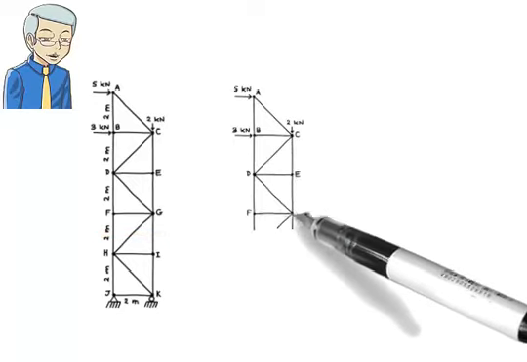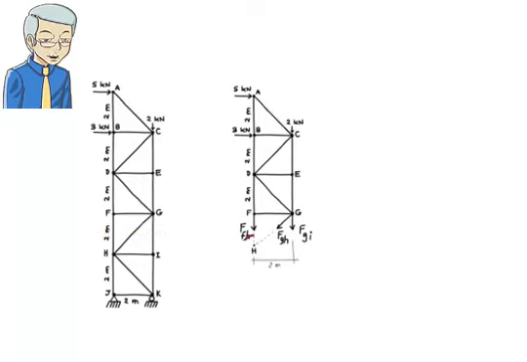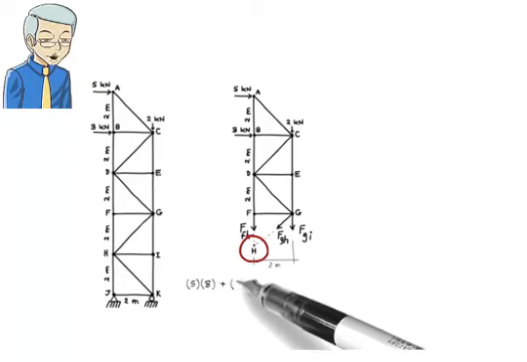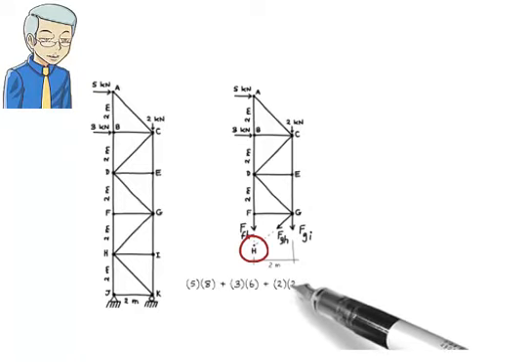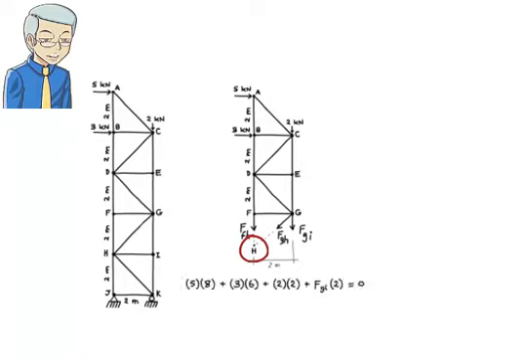Note that both FFH and FGH pass through point H. Therefore, the moment equilibrium equation written about point H gives us the force in member GI. The equation is 5 times 8 plus 3 times 6 plus 2 times 2 plus FGI times 2 equals 0. Solving it for the unknown force, we get FGI equals negative 31 kilonewtons.